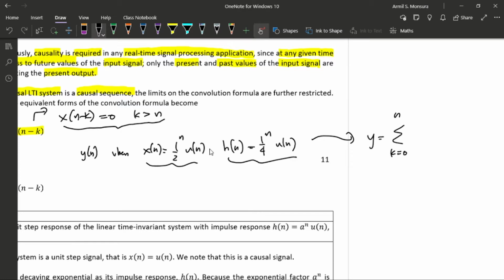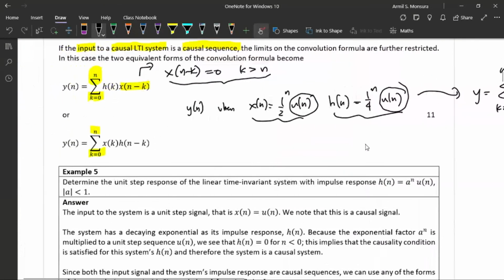Again, owing to the fact that when you substitute it here, it becomes u[k], and that u[k] becomes 0 for negative values of k, while if this is the one that is time reversed and shifted, it becomes 0 for k greater than n, so that we were able to change the limits from 0 to n. That's example 3 of lesson 3.1.